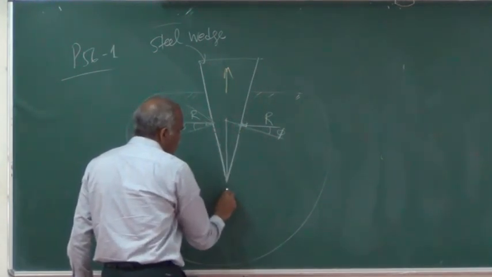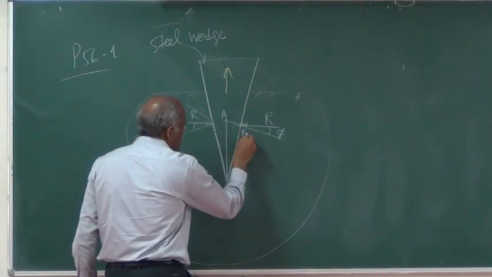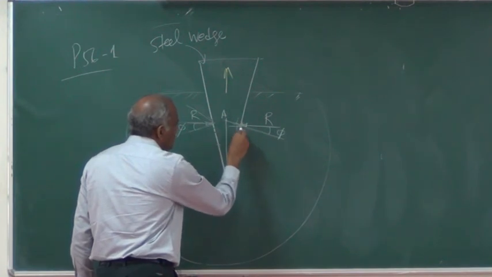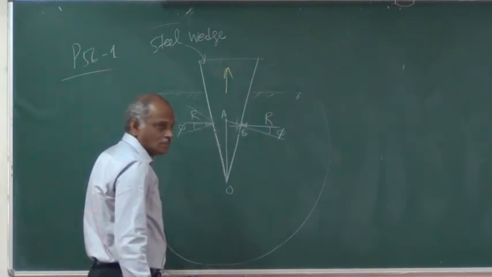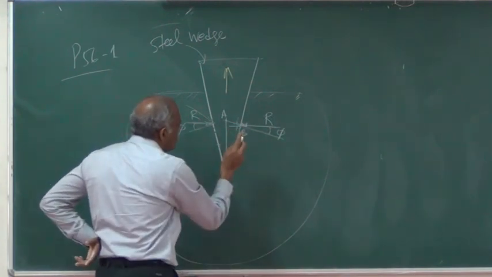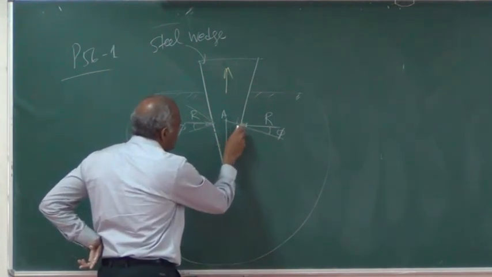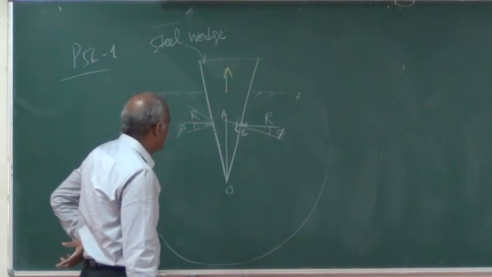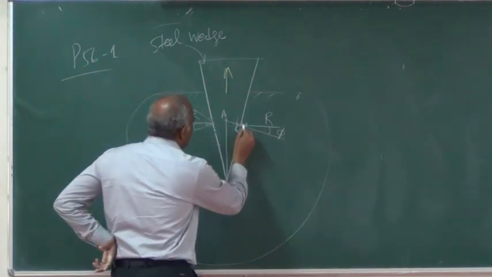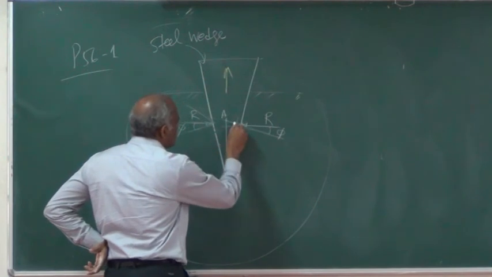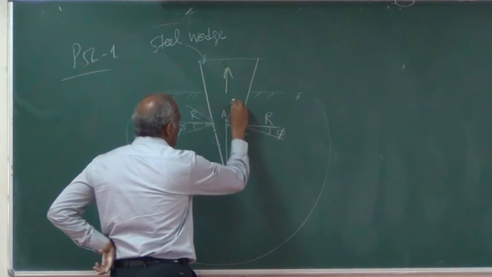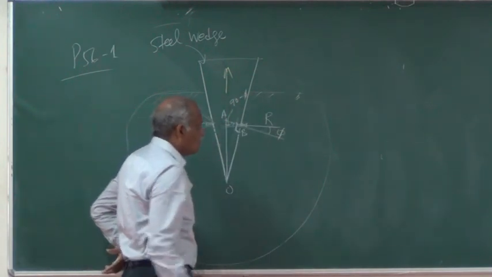If I say this is O, this is A and B, this angle is going to be phi. This angle alone is phi, but otherwise this is 90 and this is going to be 90. So here this is making a phi with horizontal, therefore this must be making 90 minus phi.